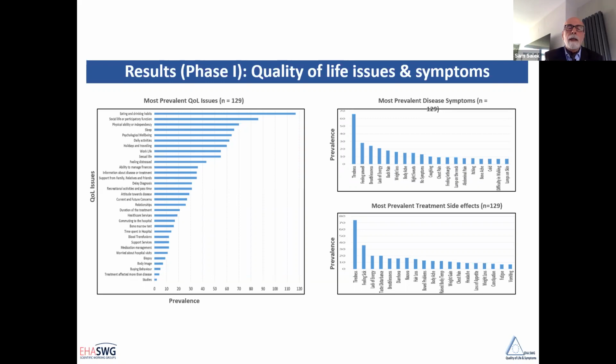And then you develop a new framework in order to have the full picture. As you can see, the majority of those impacts on the left-hand side are similar to the other issues that we looked at before, and the same with the signs and symptoms and the treatment side effects. Next one, please.